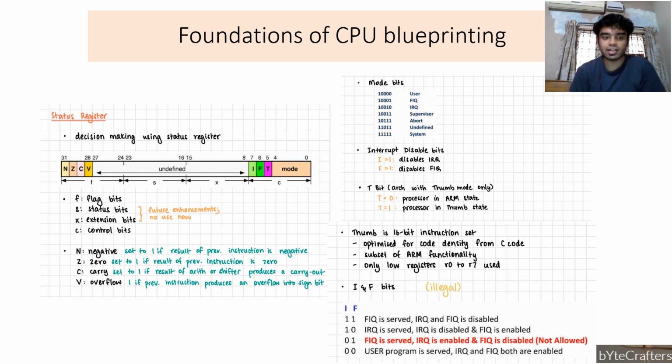So N, Z, C, V, it's either a 0 or a 1. If Z is set to 1, the result of the previous instruction is 0. And if there's a carry, then the carry bit is set to 1. This is more content that has to be remembered. Nothing much to explain here.